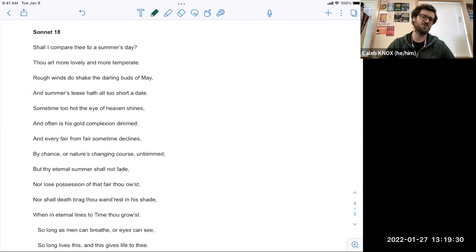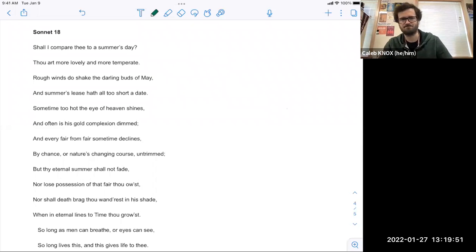But thy eternal summer shall not fade, nor lose possession of that fair thou owest, nor shall death brag thou wanderest in his shade, when in eternal lines to time thou growest. So long as men can breathe or eyes can see, so long lives this, and this gives life to thee."